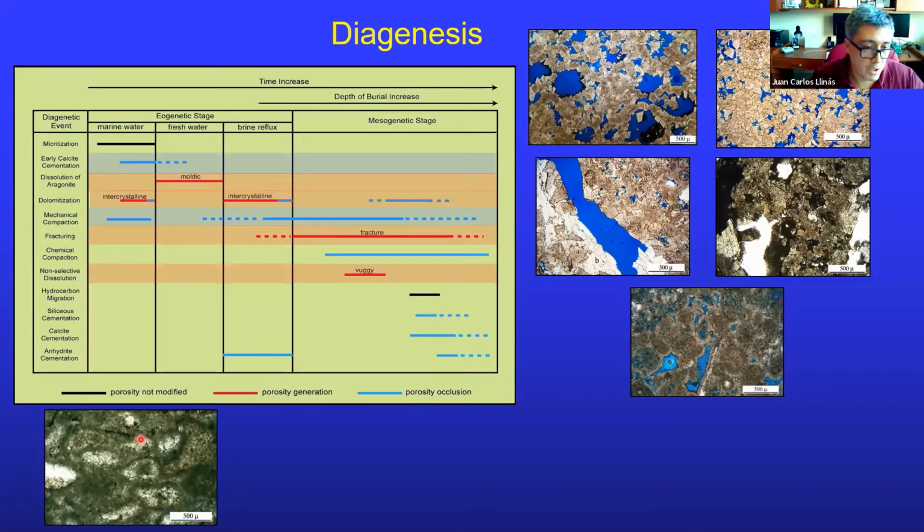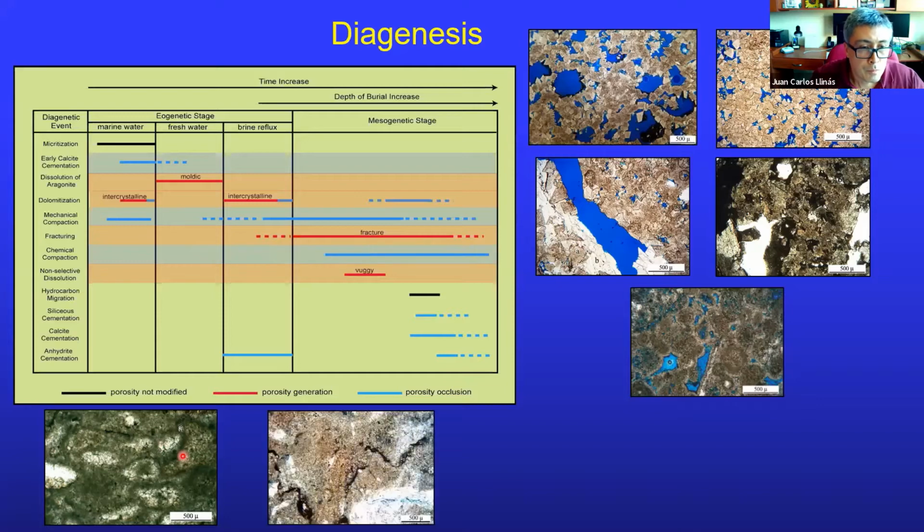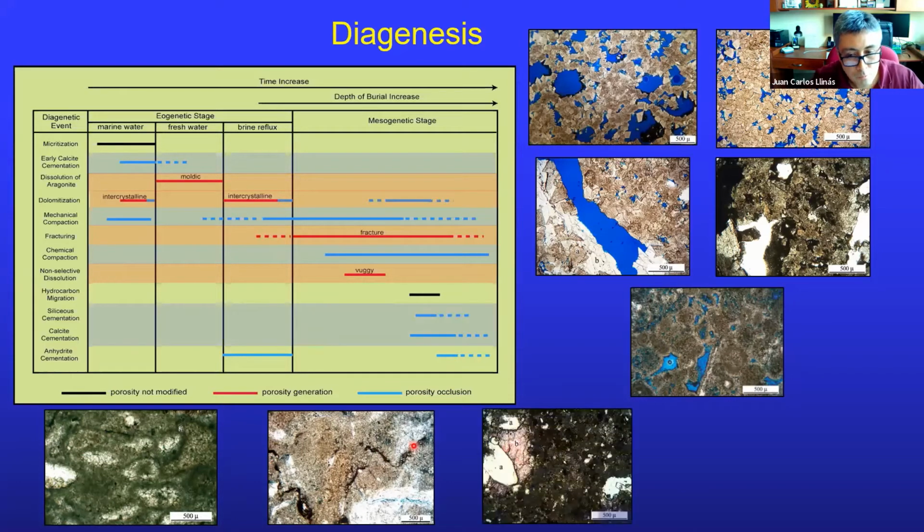Then we have processes that really affect the quality of the rock, like mechanical compaction, seen here in this same section by the alignment of the particles and these convex grain contacts, like you can see here. Then we have chemical compaction: with continuous burial, the chemical compaction becomes very active and is expressed by these high amplitude microbial stylolites, which are very common throughout the section.